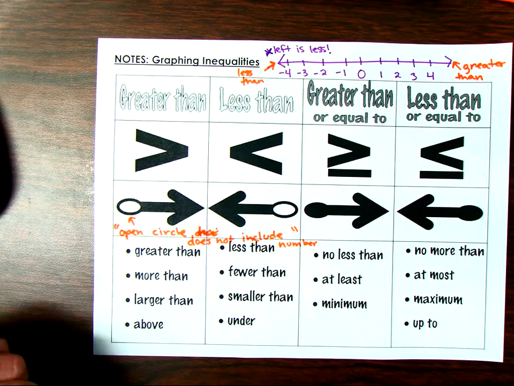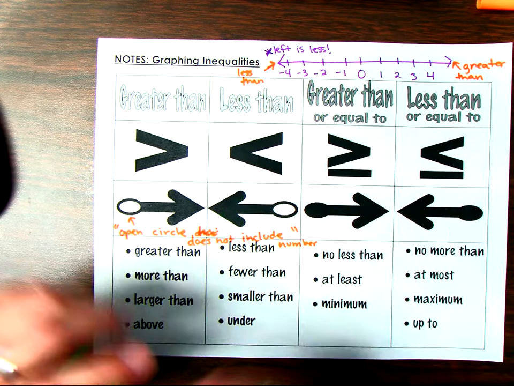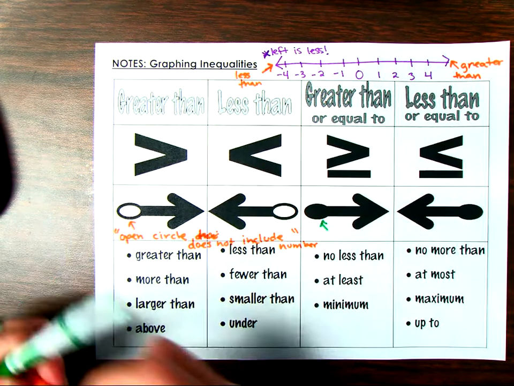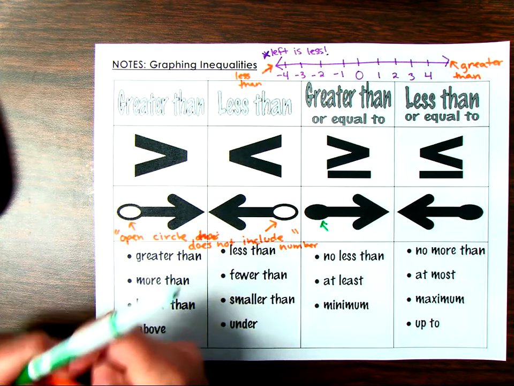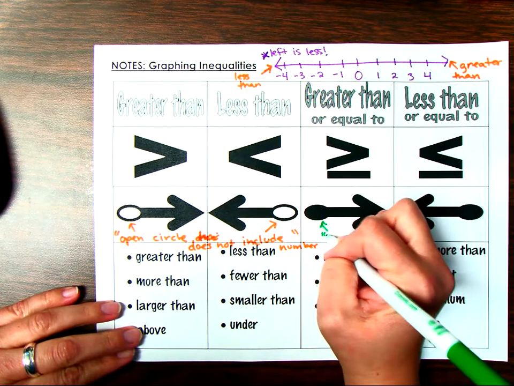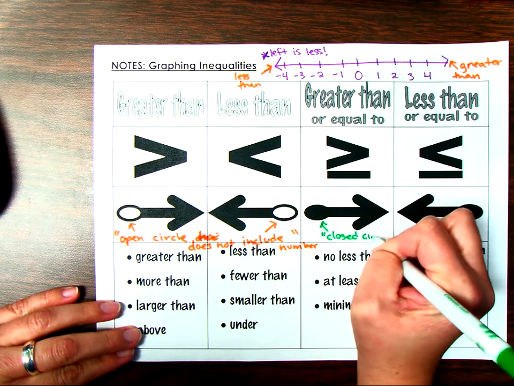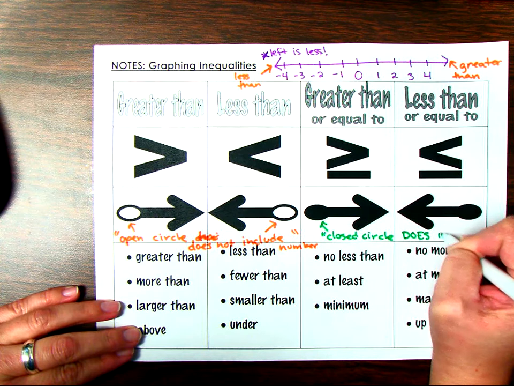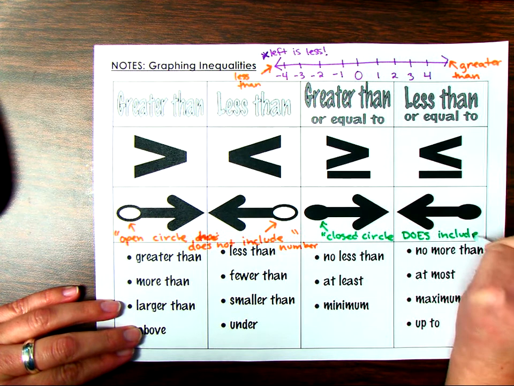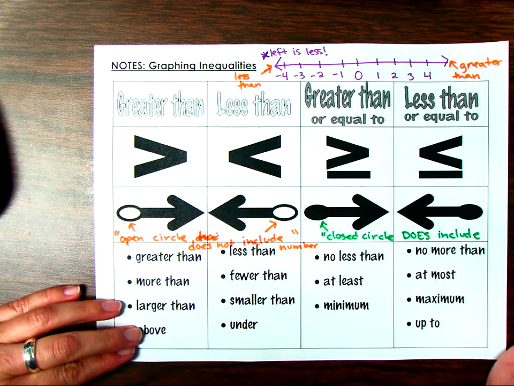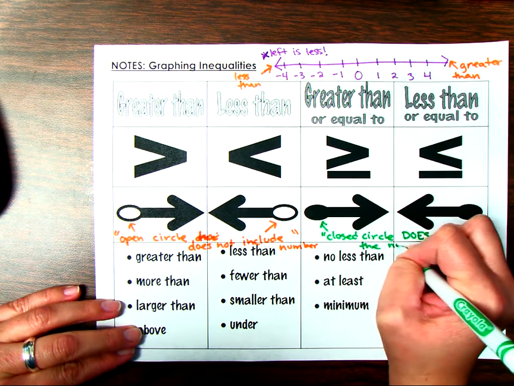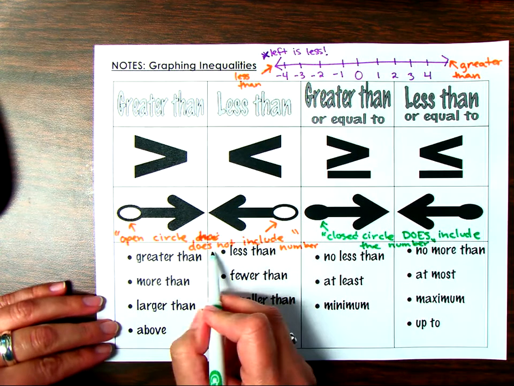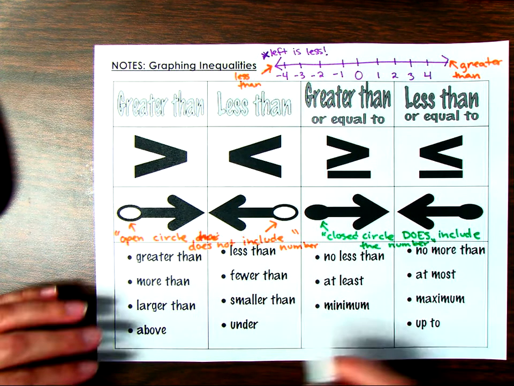That's how I like to think about it. The closed circle, I'll just draw my arrow here to help you out, does include the number. This will make more sense when I do a couple practice problems with you. So the open circle does not include the number, the closed circle does include the number.